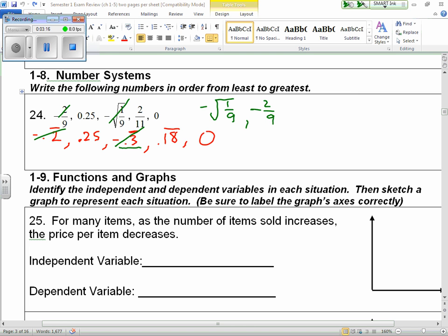Followed by no more negatives, so followed by 0. And then the smallest between 0.25 and 0.18 repeating, we'd have 0.18 repeating, which is 2/11. And then the last one, 0.25, is the largest.